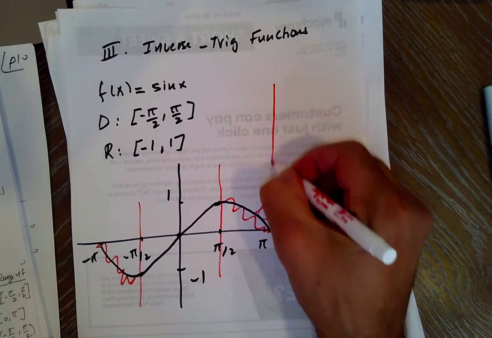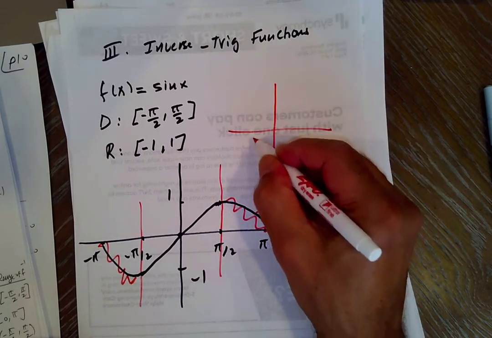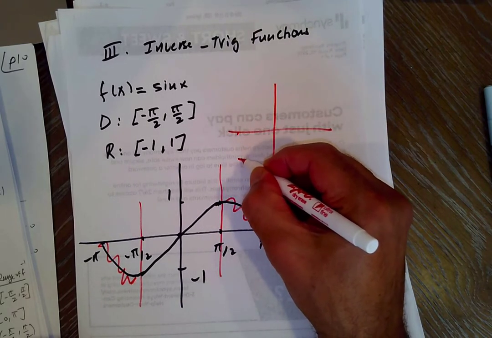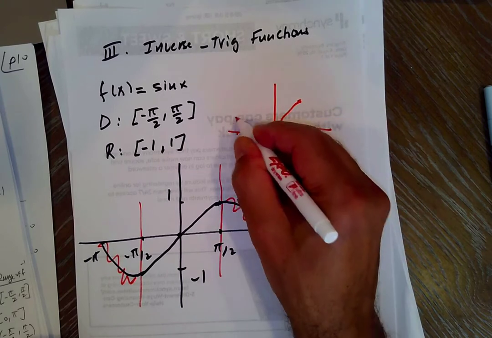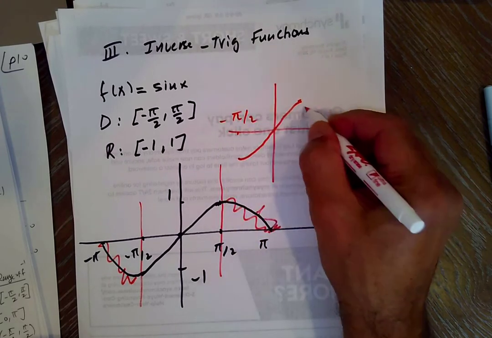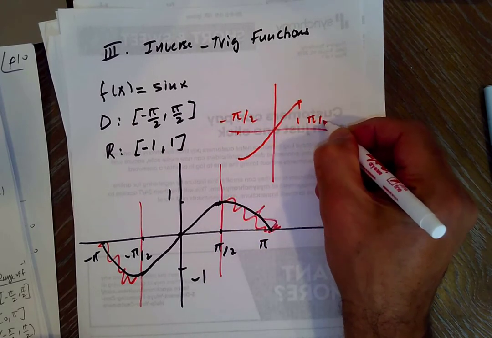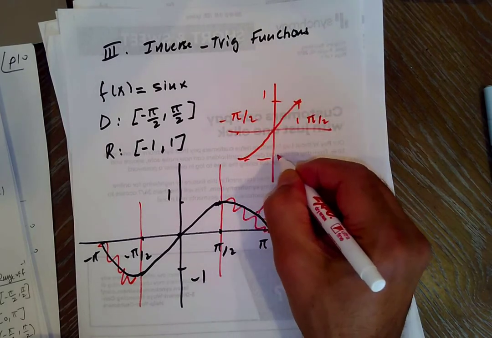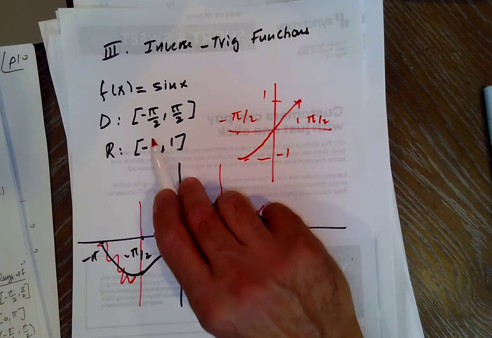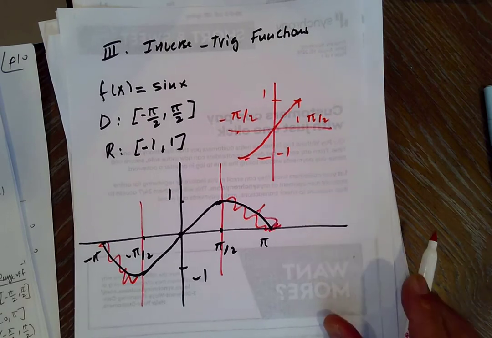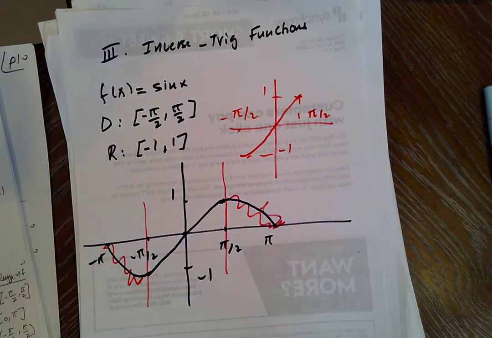So basically we get a function that looks like this. That's why the domain is negative pi over 2 to pi over 2, to have a 1 to 1 function. Otherwise it won't be 1 to 1 and we will not get an inverse function.